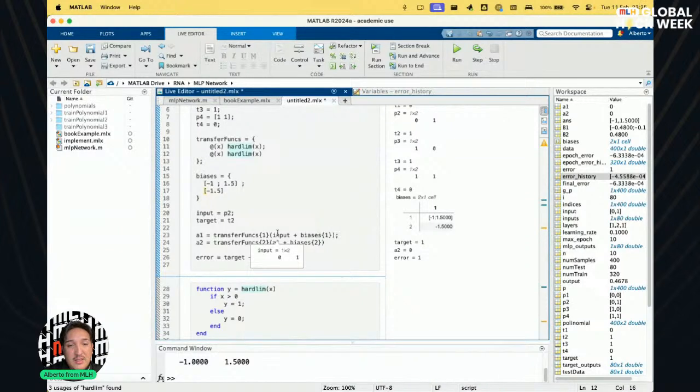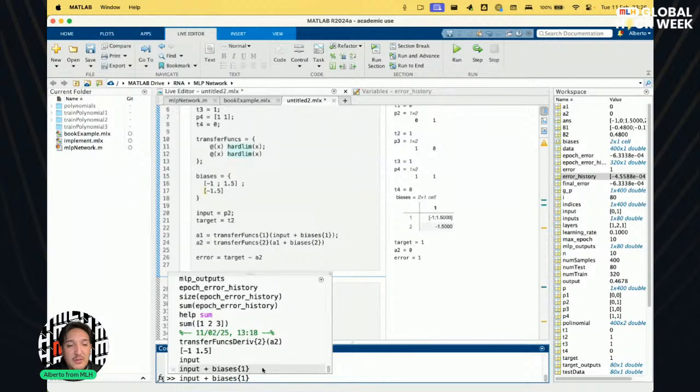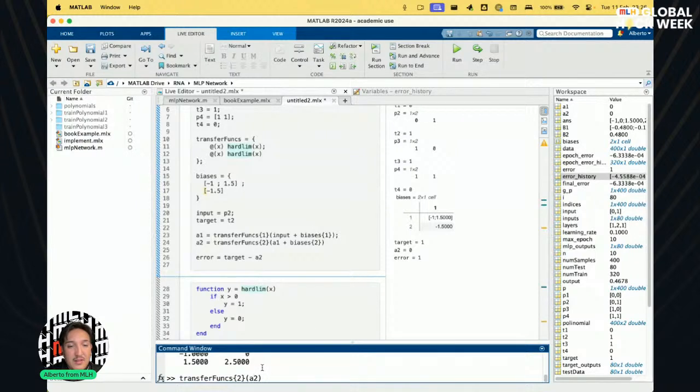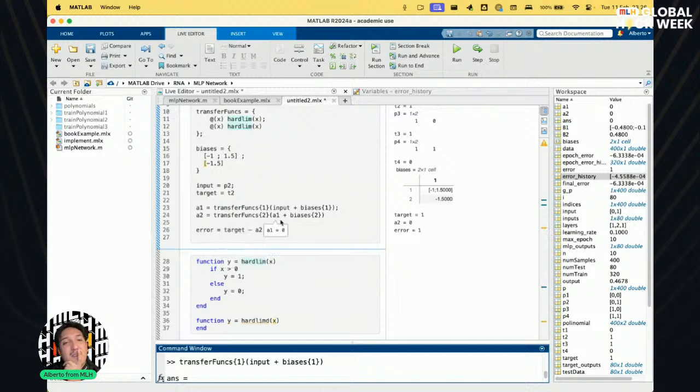Okay, input, let's see, input times biases 1. That's this matrix, and applied to the transfer function of the input plus biases of 1. Okay, this is 0. And this 0 plus, so then A1 is 0.